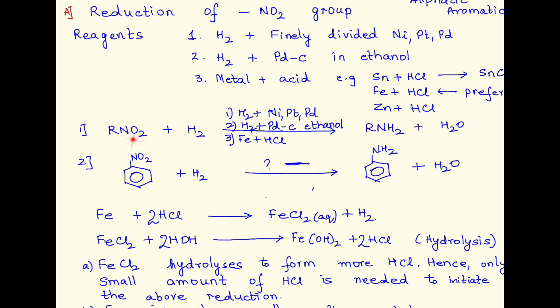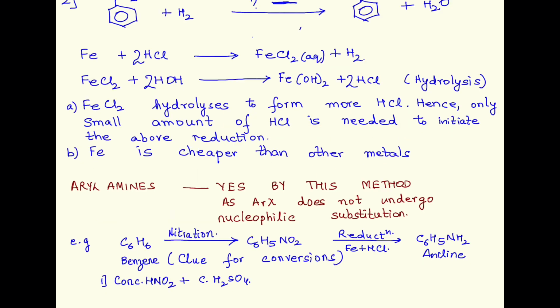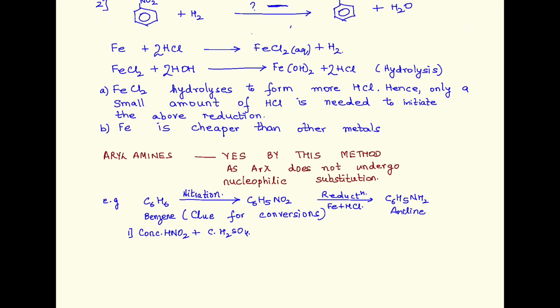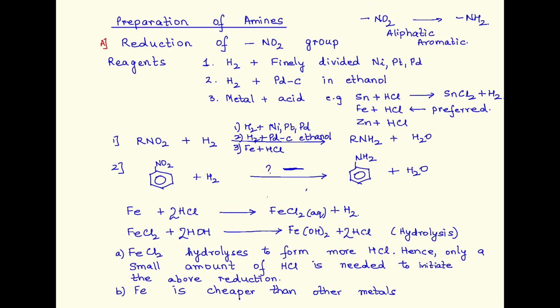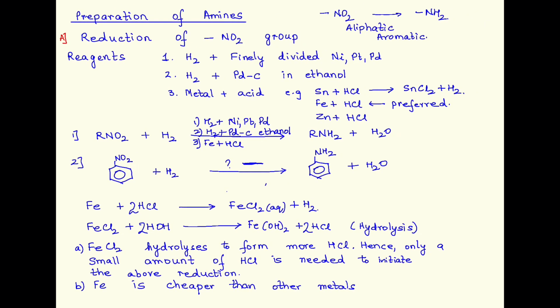You could also be asked how do you convert nitroethane to ethanamine. In that case, you write the starting compound, you write the final product, write the structure, and the reagents will automatically come to your mind, provided you have practiced your equations with pen and paper.